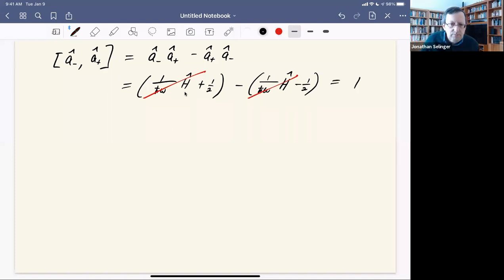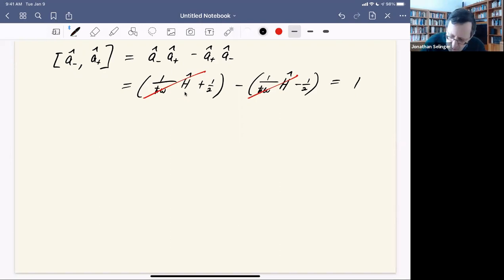So a plus and a minus do not commute, meaning their commutator is not 0. But we know what their commutator is. It's 1. And this also gives us 2 different ways to write the Hamiltonian.